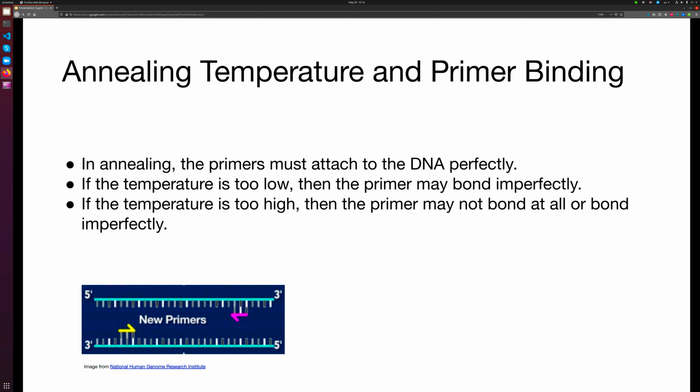But if the temperature is too low, then the primer might bond imperfectly, and there might be reduced efficiency and other important characteristics due to the primer misbinding, and no polymerase enzyme can fix any of those problems. If the temperature is too high, then the primer may not bond at all, or bond imperfectly again.